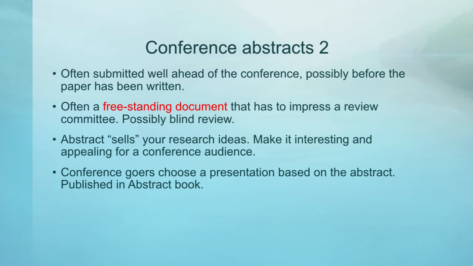And often the abstract stands alone as a document that has to convince a review committee, and often conferences will have a process of blind peer review. So you have to anonymize your abstract and you won't know who's reviewing it.